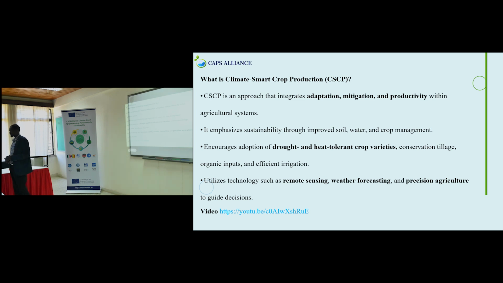Say for example pyrethrum. It has to adapt in the highlands, very cold regions. You cannot grow pyrethrum in Kajiado. You cannot grow pyrethrum in Kitui. So there must be that adaptability in the crop that you choose.